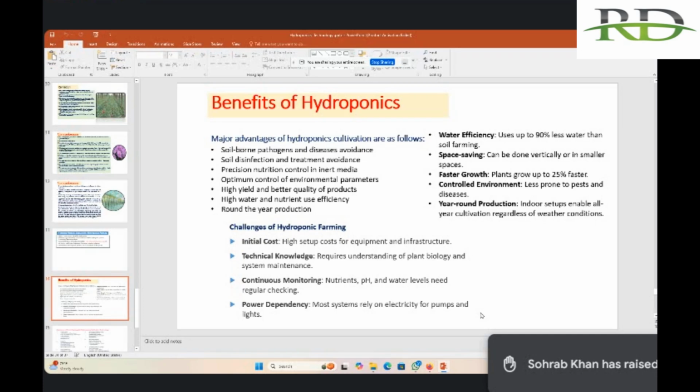The biggest challenge is marketing, right? If you are growing hydroponics, you are putting all your money and effort into construction, and you are producing a high value crop. But if you sell it in a local sabzi mandi, you are not going to get good returns.